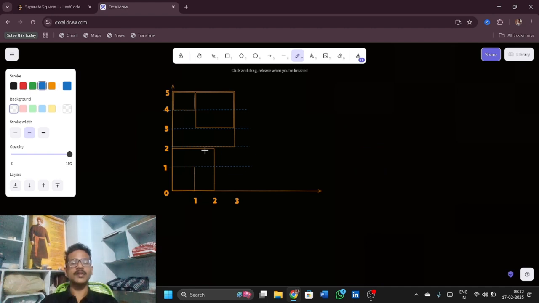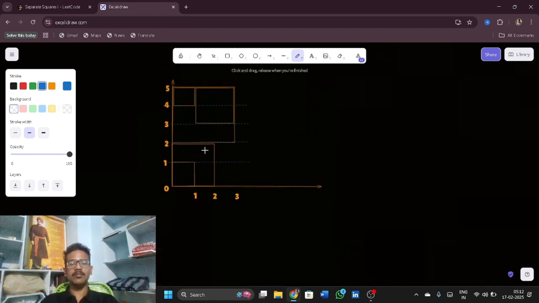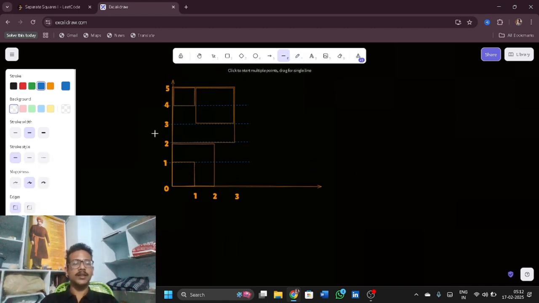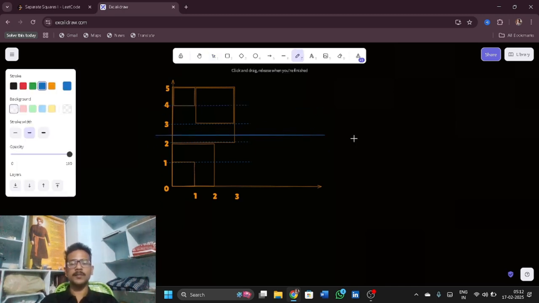Now what is our aim? Our aim is to find the line which divides this into two equal parts, so that the area in the upper part is equal to the area in the lower part.